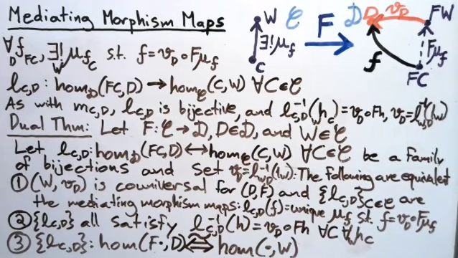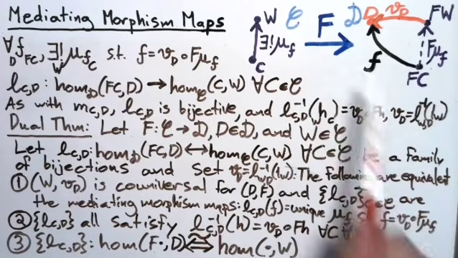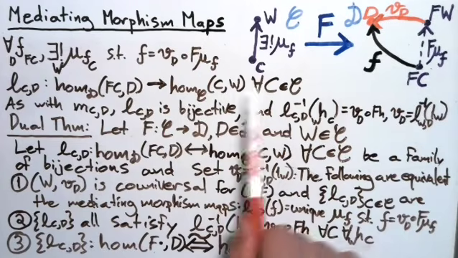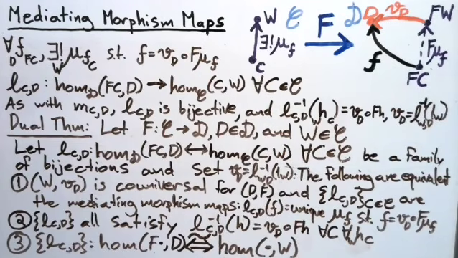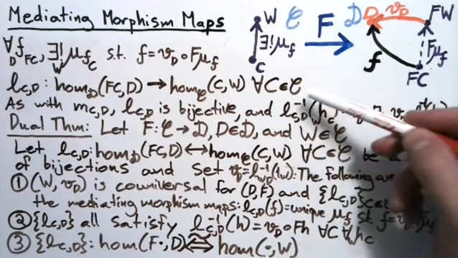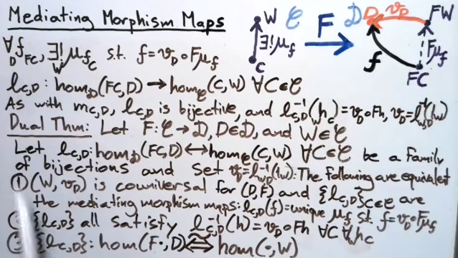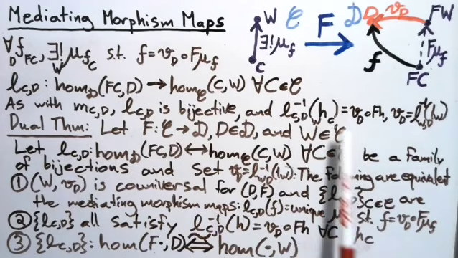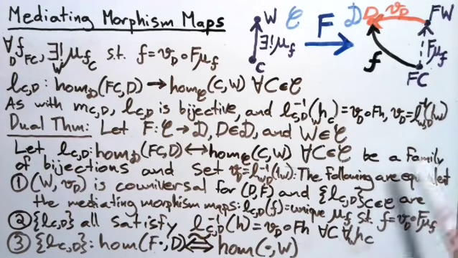And that goes from these morphisms going from FC into D, into the morphisms going from C to W in C. And again, that's for all C in C. And as with MCD, LCD is bijective. The inverse is given by VD after F of H for any H going from C to W. And that's where VD is defined as LW, the inverse of 1W, the identity on W.